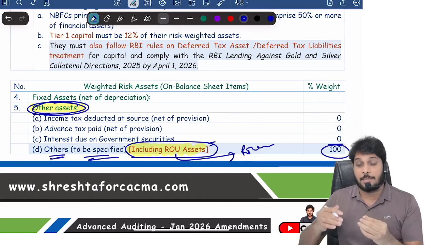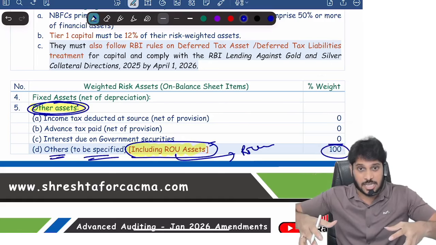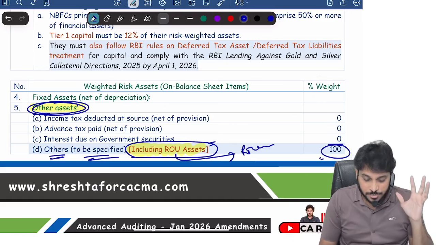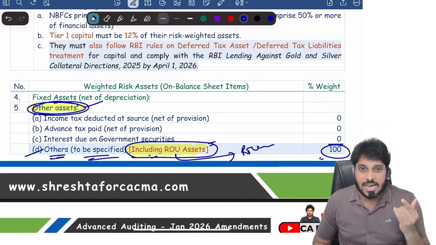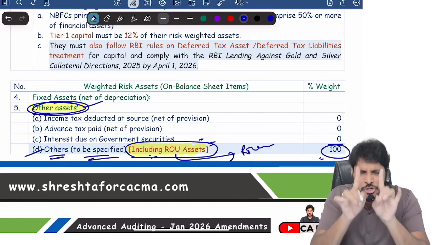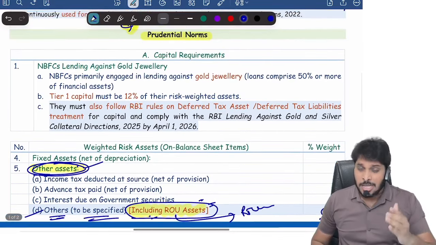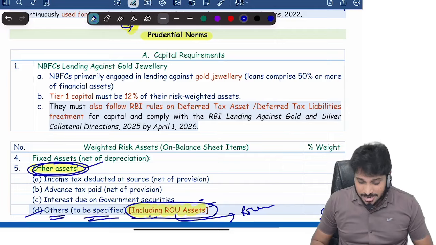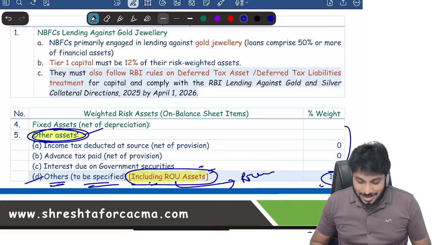When you are computing the capital adequacy ratio, you need to calculate risk weighted assets. So for that, 100% we need to take in other assets. Others includes what? They specifically give a clarification that it includes ROU assets. This is newly added. By the way, in the recent September attempt in CA Final, risk weights calculation was also asked.